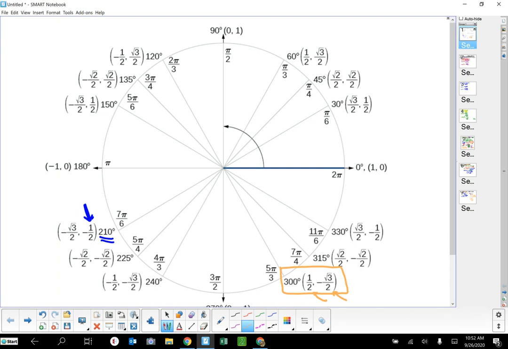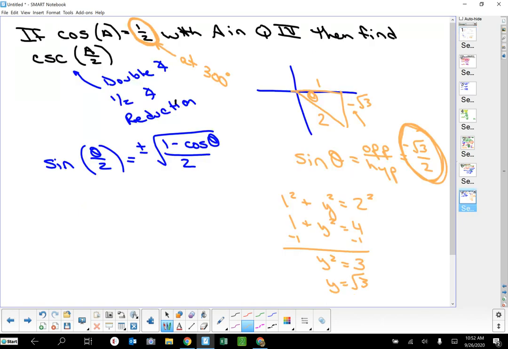And if you're accurate, it's no biggie. It's going to come out the same, right? But you could save yourself that work if you have that recollection that, hey, that's a value on my unit circle. I know that. I've seen that before. Cosine really is a half. Let me see if I can find it. And just go look. And you can just know that sine is negative rad 3 over 2.